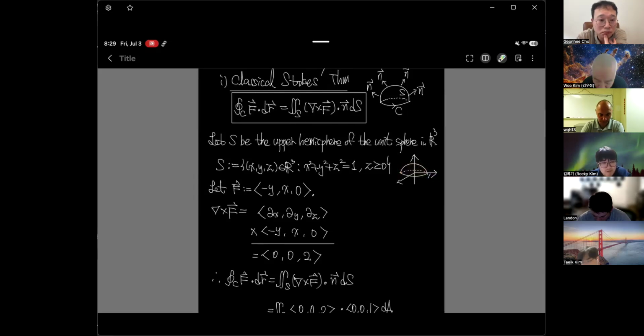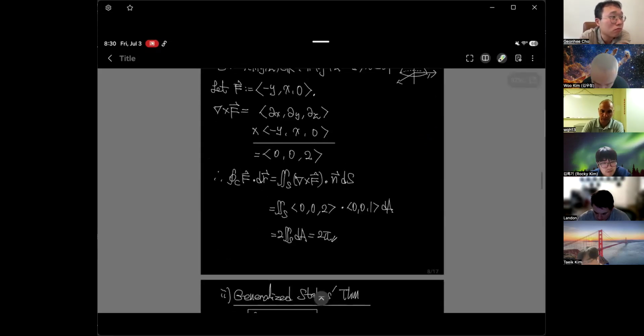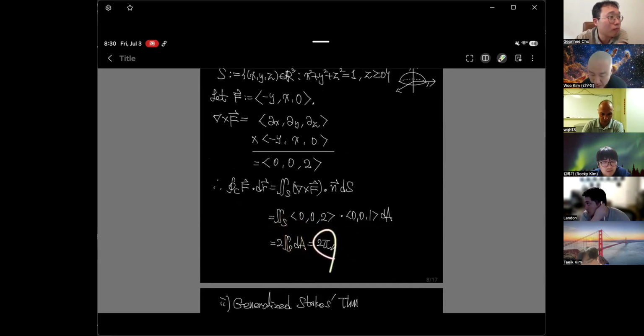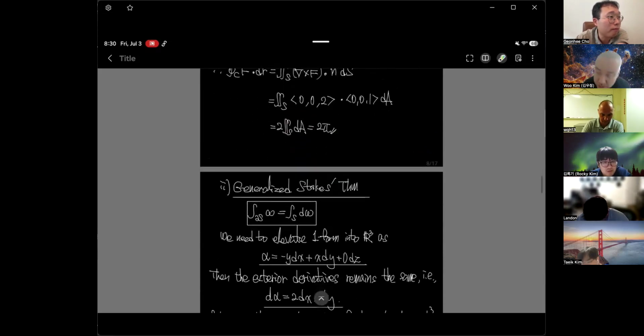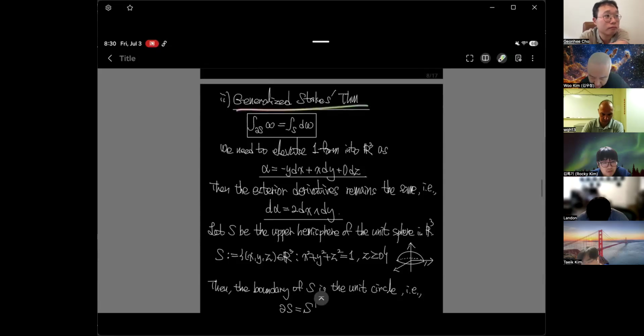Then the unit normal vector is 0, 0, 1 without computation, because it's outward. Then it's a simple calculation: on the unit circle, the area is 2 pi. It's the same. What about the generalized Stokes theorem?